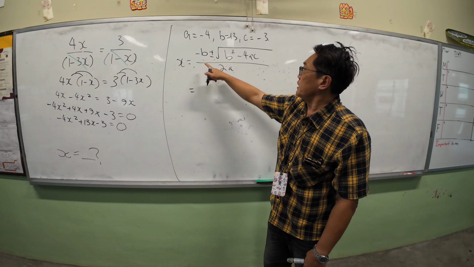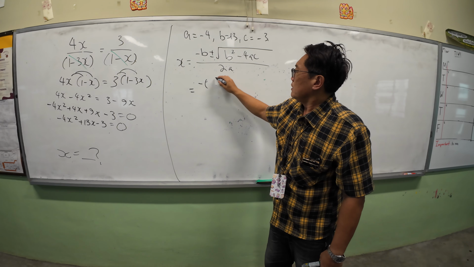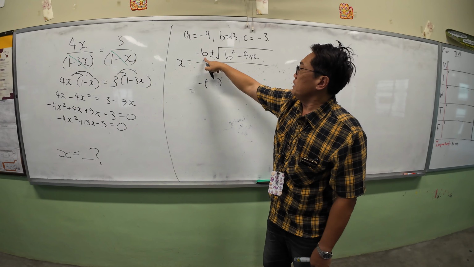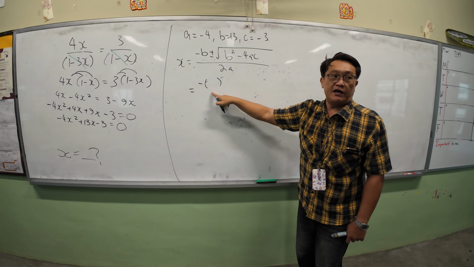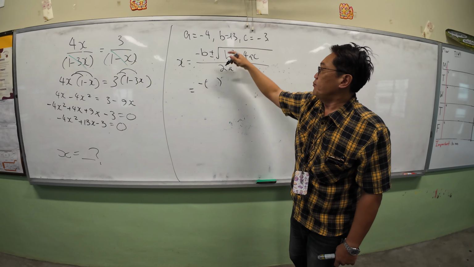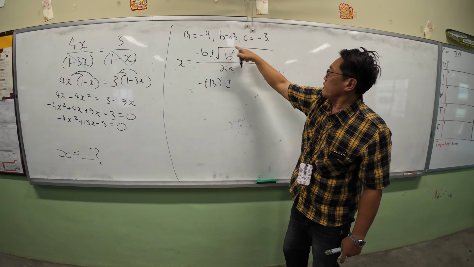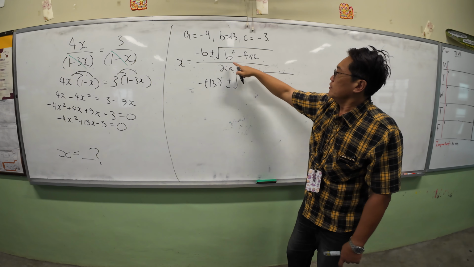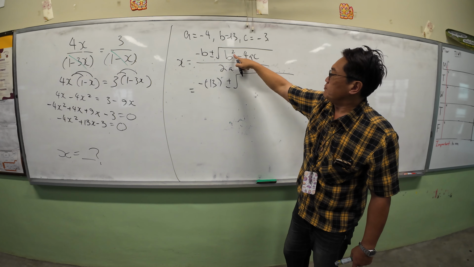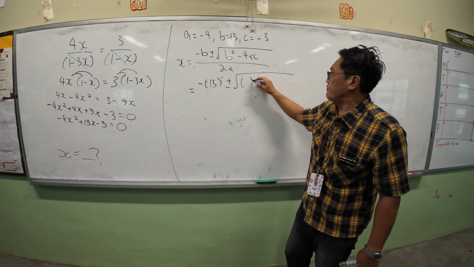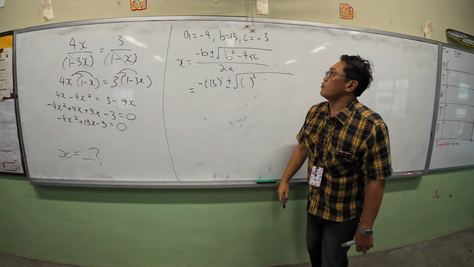Then do your substitution. The minus, I'm not touching it, I am substituting b. I replace b with a bracket. Then put my b inside. Plus minus, don't touch. Square root, don't touch. B is being squared, so b replaced with a bracket becomes the bracket being squared.